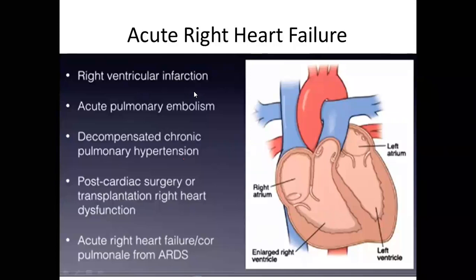Okay, so RV dysfunction or RV failure portends poor prognosis in many cardiovascular pathologies, and it's more so with right ventricular infarctions. And the other is acute pulmonary embolism.